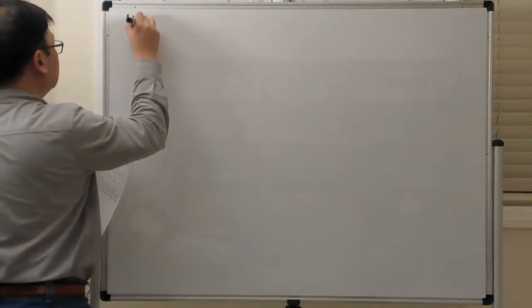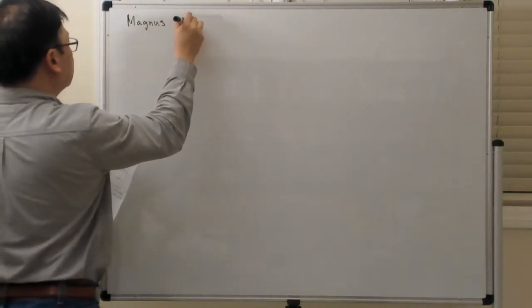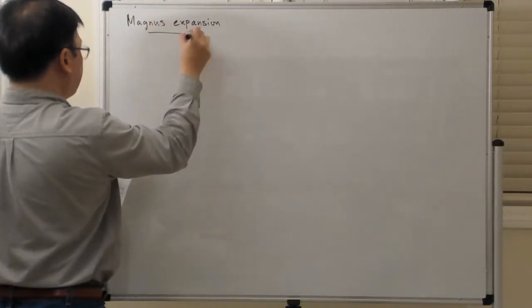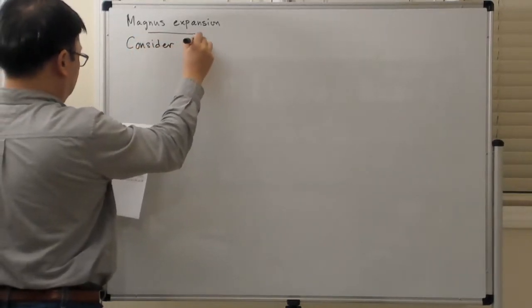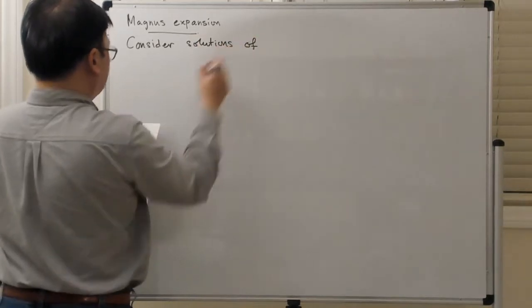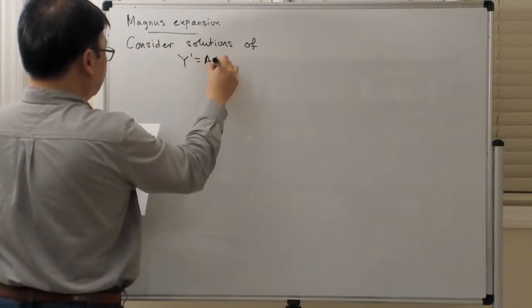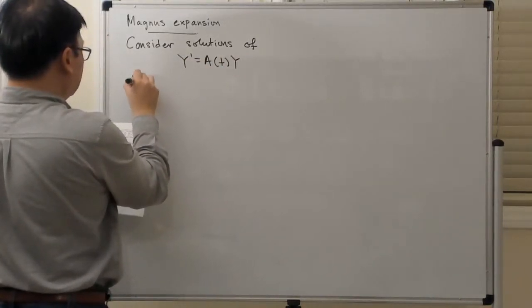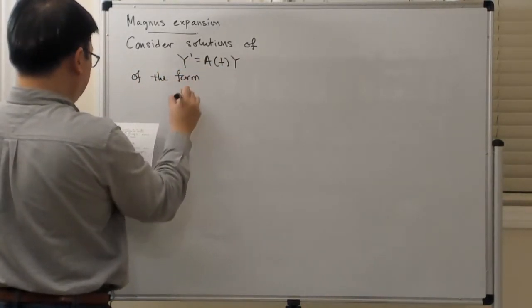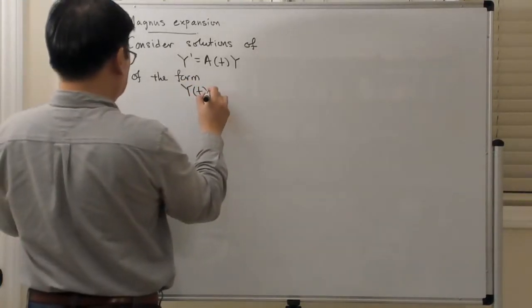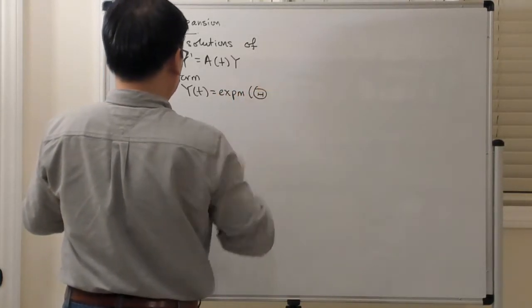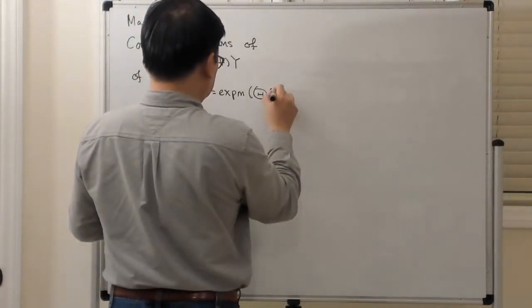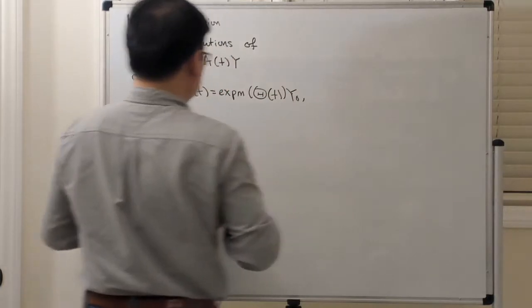All right, so now I'll talk about the Magnus expansion. Okay, and so I'm going to consider solutions of the differential equation y prime is equal to A(t) y of the form y(t) is equal to the matrix exponential of theta of t, times y0, right?